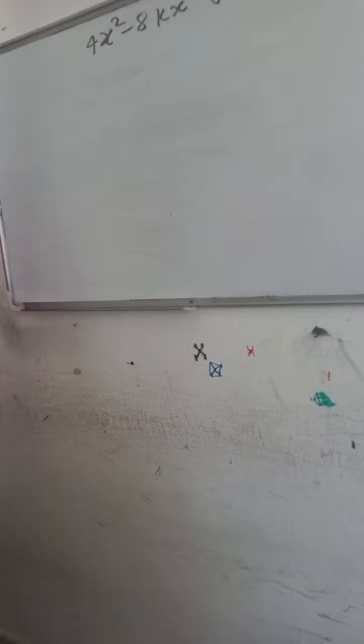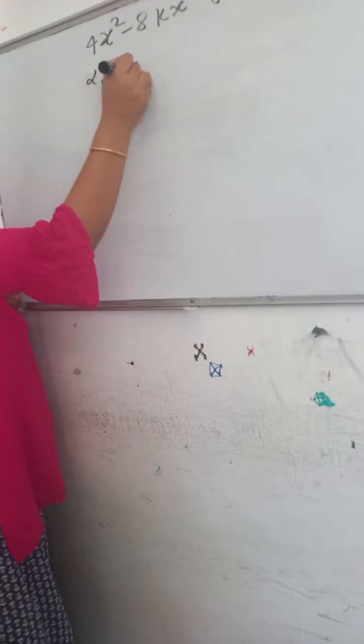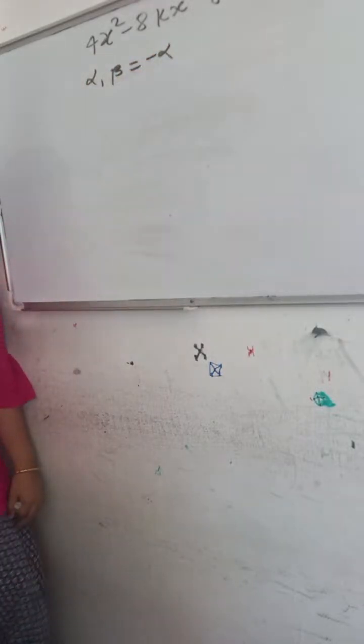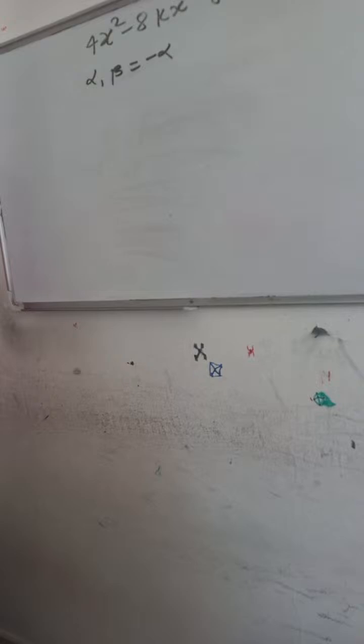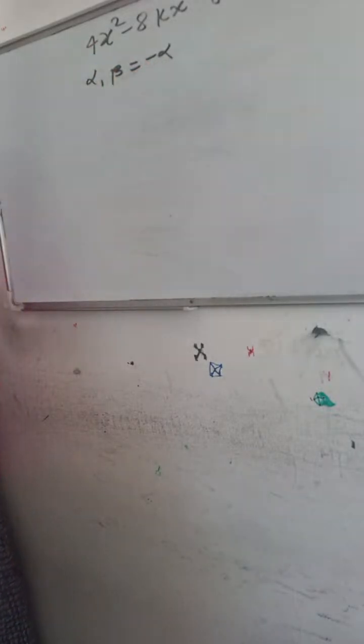So here the condition given is: one zero is alpha, then the other, beta, is nothing but minus alpha, because they are saying one zero is alpha and beta is equal in magnitude but opposite in sign. Means beta is also alpha only but with opposite sign, that is minus.